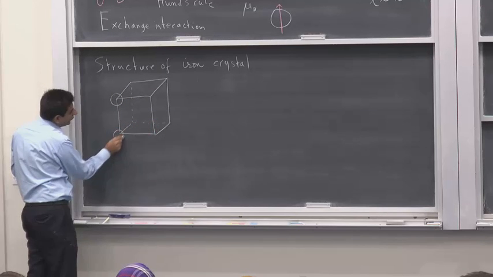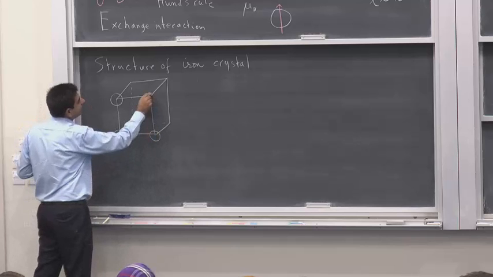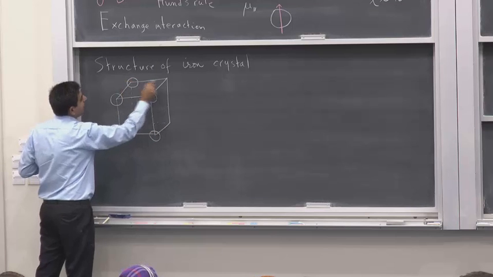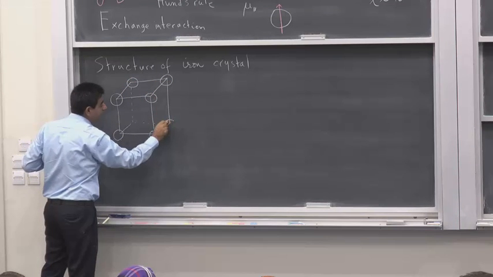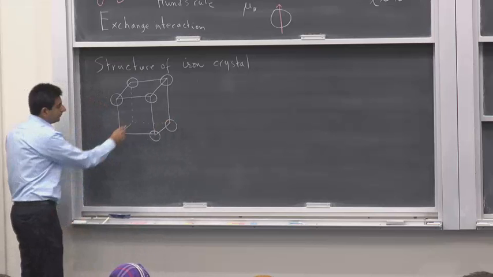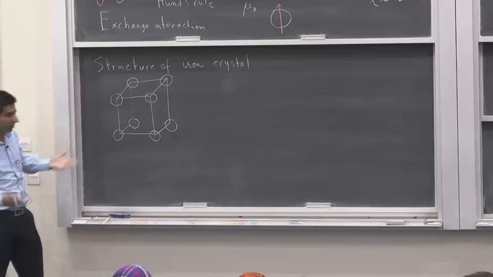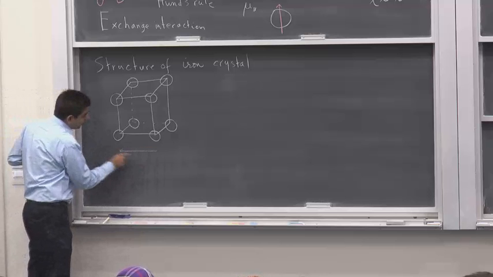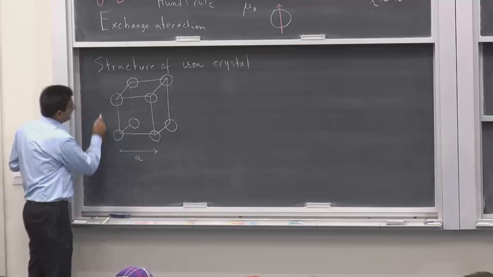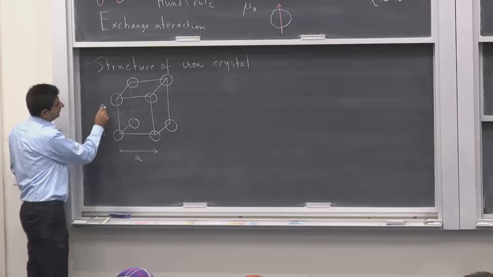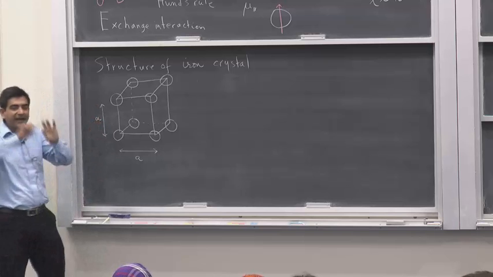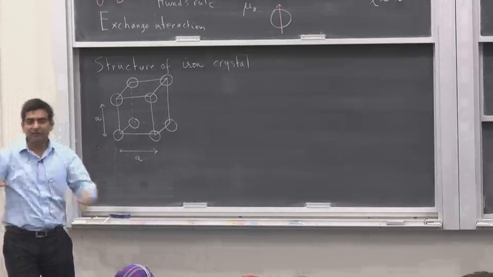On the corners of the cube exist iron atoms. And this is a perfect cube. So this spacing, if it's A, this spacing is also A. And there are iron atoms on the vertices of the cube.